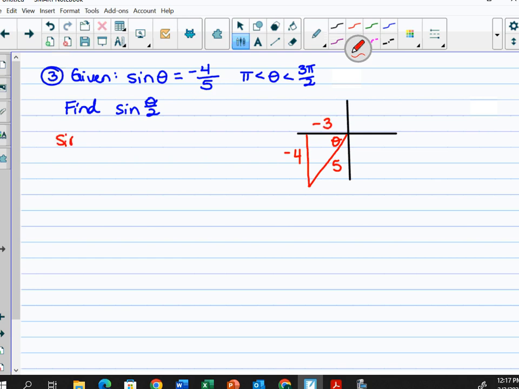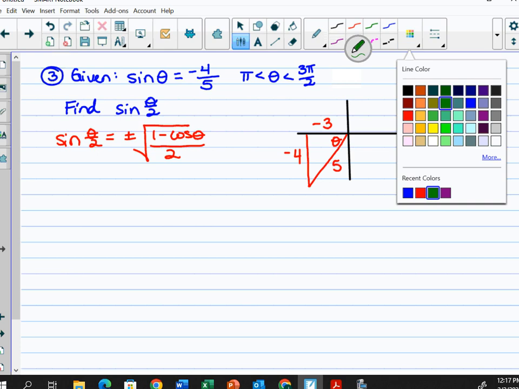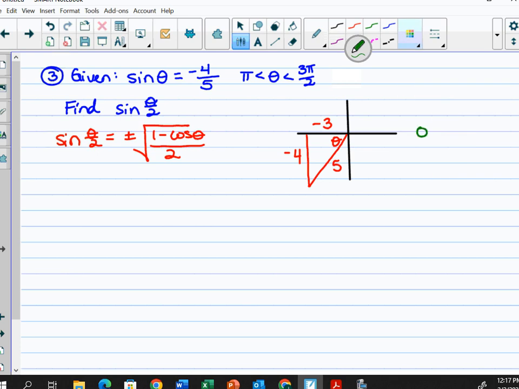All right, write the formula. Okay, where is theta over 2? Second, yes. Okay. Everybody okay with theta over 2 being in the second quadrant? Do we see it or not?